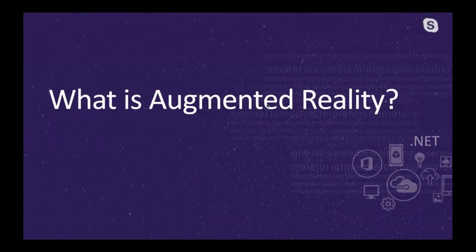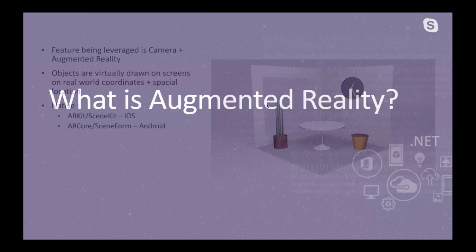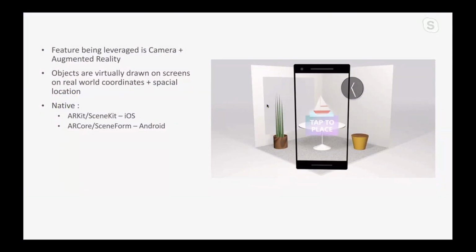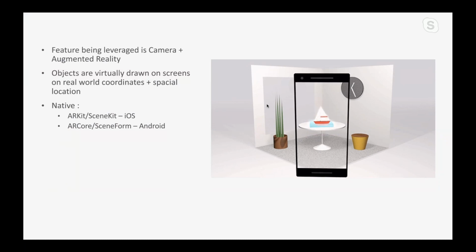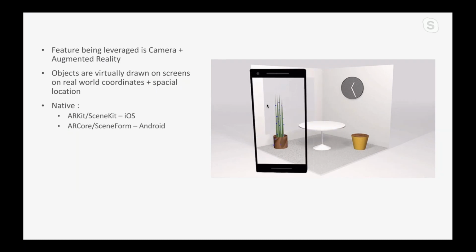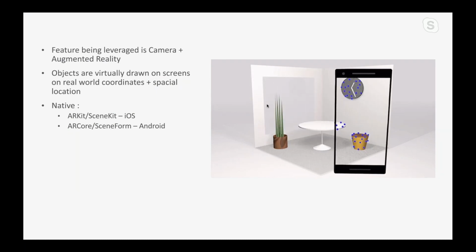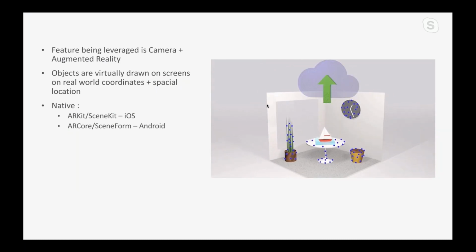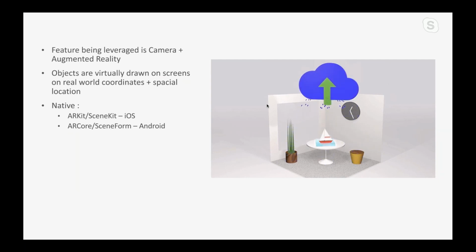All right, so let's get into the meat of this topic. What is augmented reality? What is mixed reality? And how does all of this work with Xamarin? So what is augmented reality? Imagine basically that your camera is a giant canvas. So anything it points to is your canvas, and you can throw 3D models at it to generate in any space that is visible to your camera.